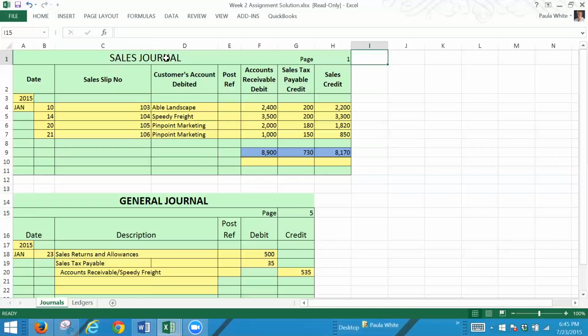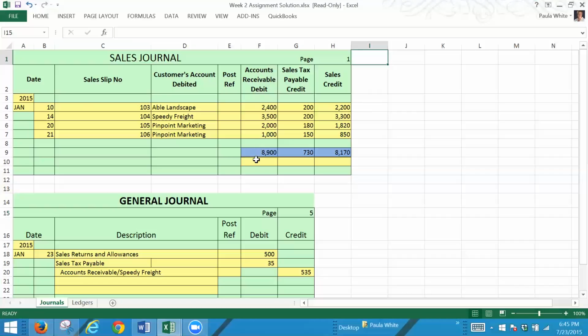Here we have a sales journal that we've actually made the entry for April Landscaping, Speedy Freight, and the 2 transactions from Pinpoint Marketing. And these numbers, again, are different than your homework assignment, but we posted them here initially in the sales journal.